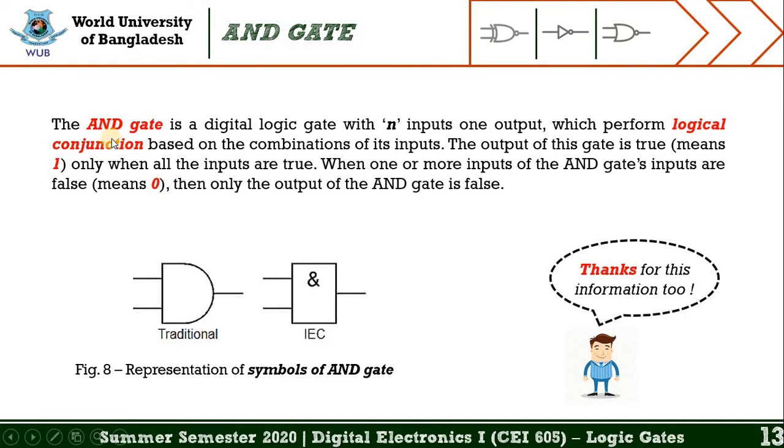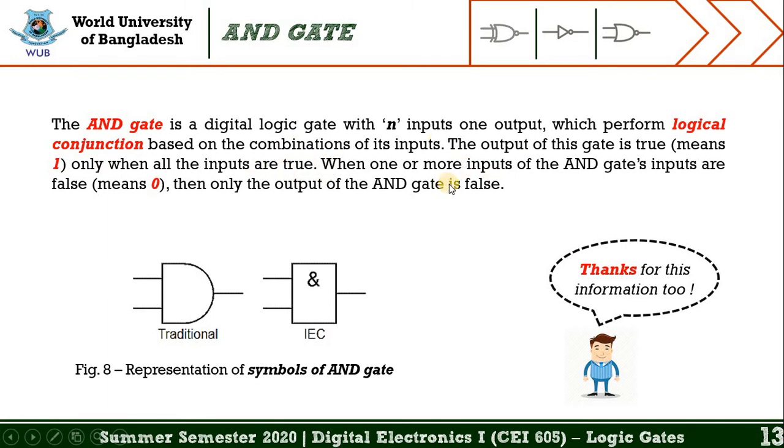Now we may learn from this slide about the AND gate. So let's start. The AND gate is a digital logic gate with n inputs and 1 output, which performs logical conjunction based on the combination of its inputs. The output of this gate is true, meaning 1, only when all the inputs are true.